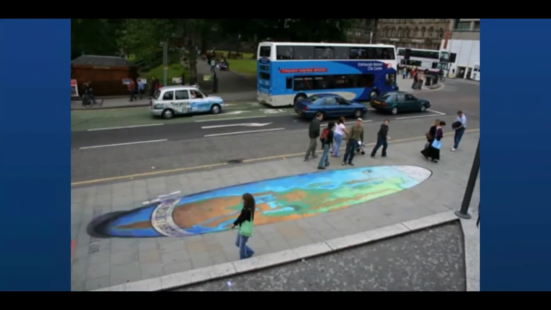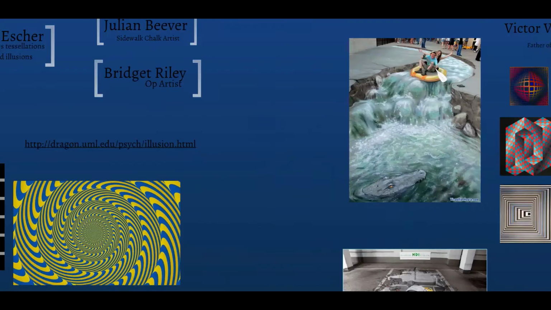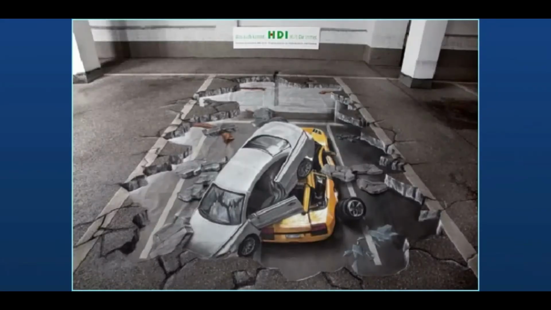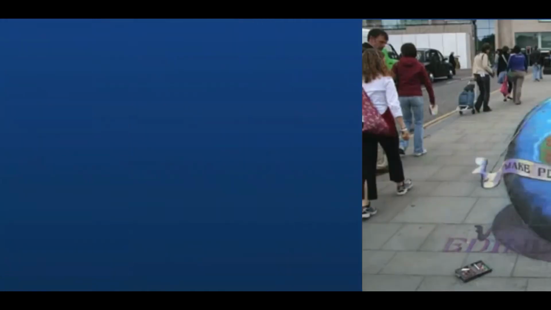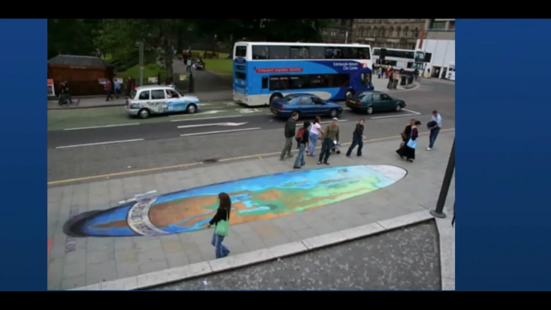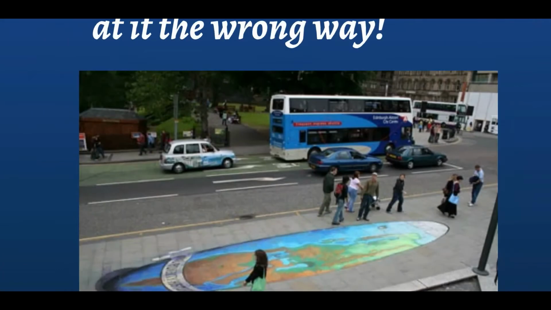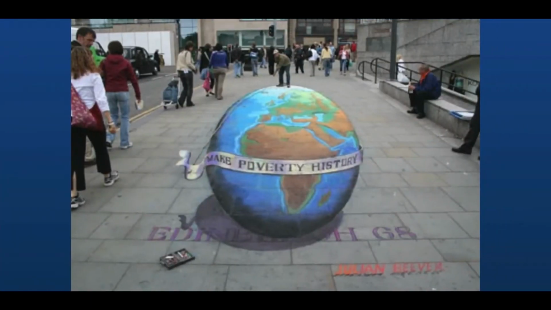If you look at the picture from the side, you can see how it looks in actual reality. So here we have him on top of the world. When we look at it from the side, you can see how it actually looks. It's very stretched out. When we look at it from the front, the perspective gives the illusion that it's 3D and round.